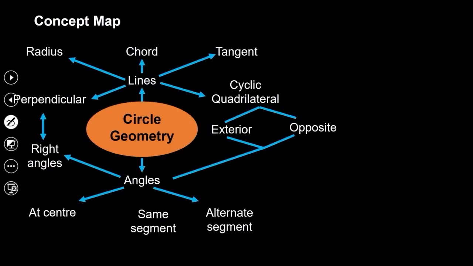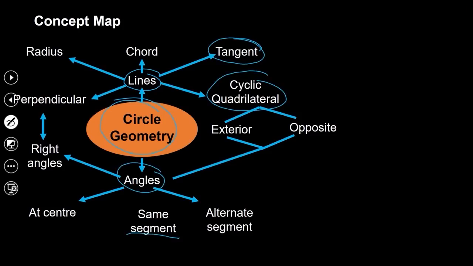So far with my concept map, guys, the big idea that we tried to look at was the concept of circle geometry. We started looking at the concept of lines, right? With lines, the only line we didn't do was the tangent and the cyclic quad, but everything else we looked at. And then we went on to look at angles, and with angles we looked at same segment and angle at the center and right angle, which you know is always there in geometry.